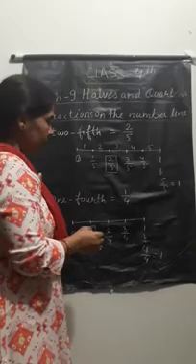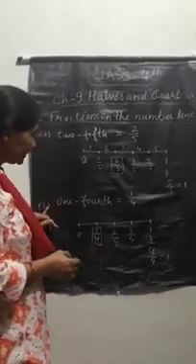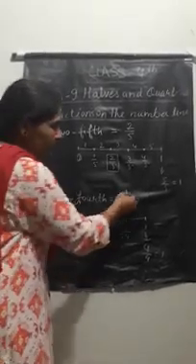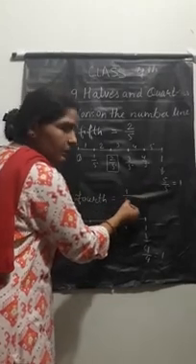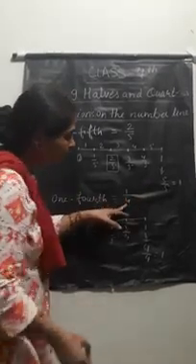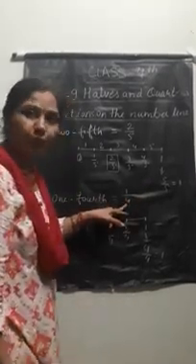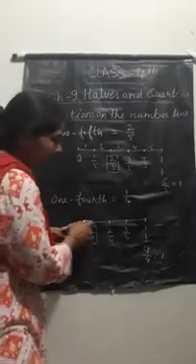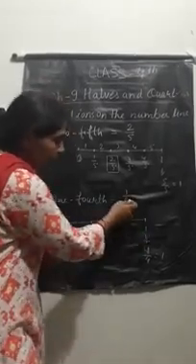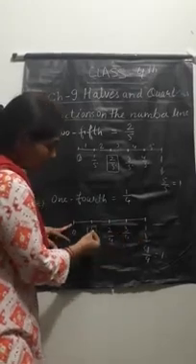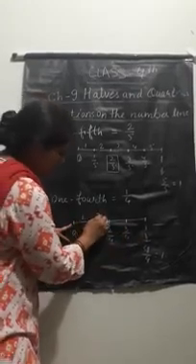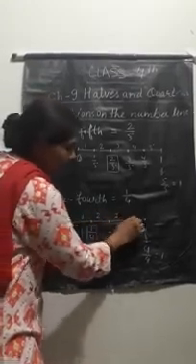Another question: the fractional number is 1/4. Here the denominator is 4. So first of all we divide the number line from 0 to 1 into 4 parts. So 1, 2, 3 and 4.